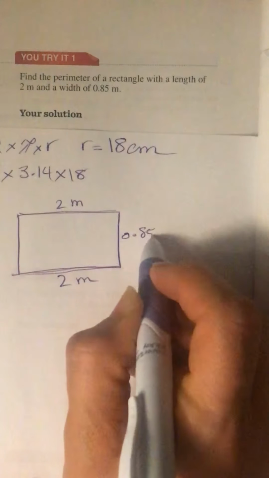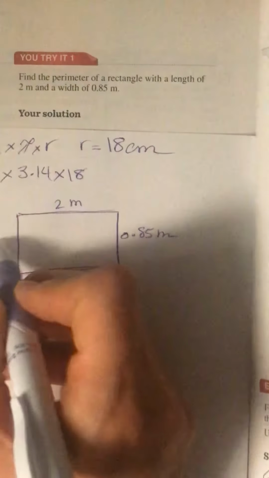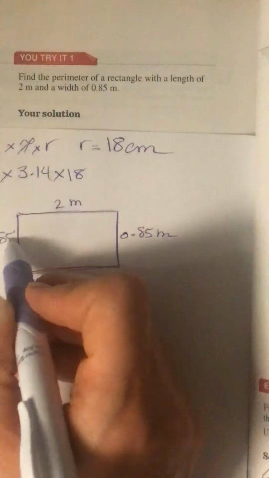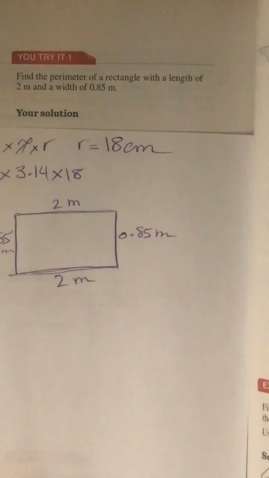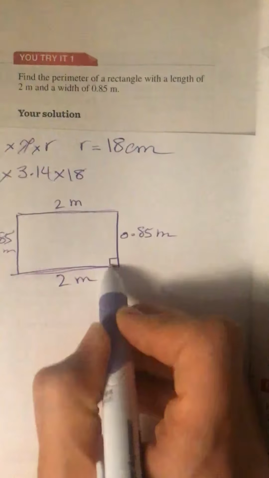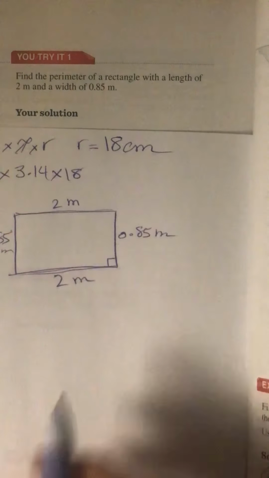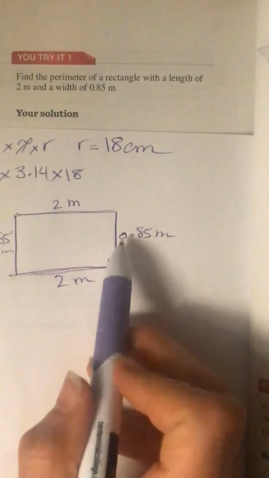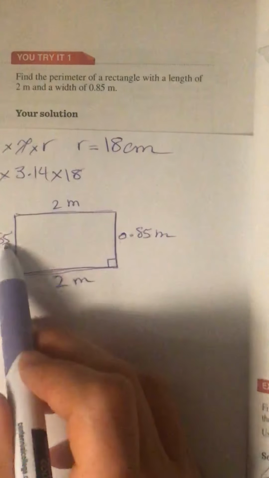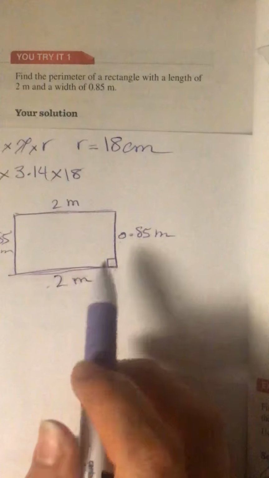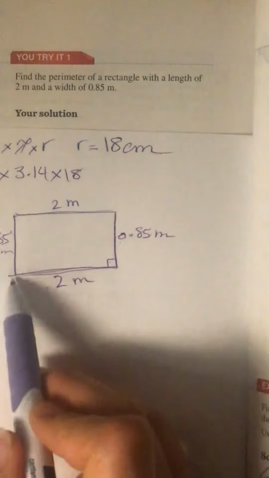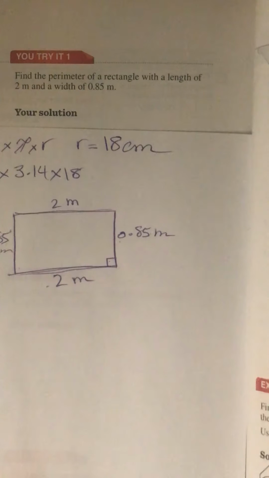If this is 0.85 meters, the other one's 0.85 meters, right? What is a rectangle? A rectangle is a quadrilateral with the two opposite sides being equal and parallel, and all 4 internal angles being 90 degrees.